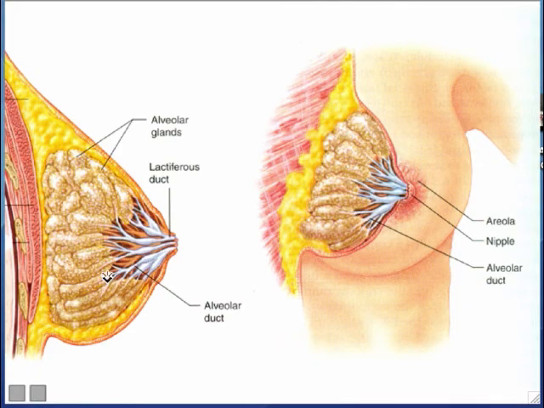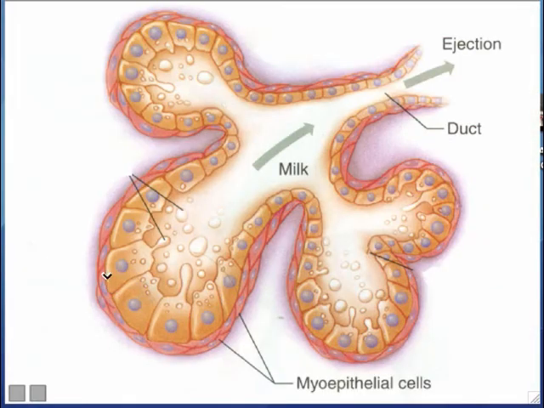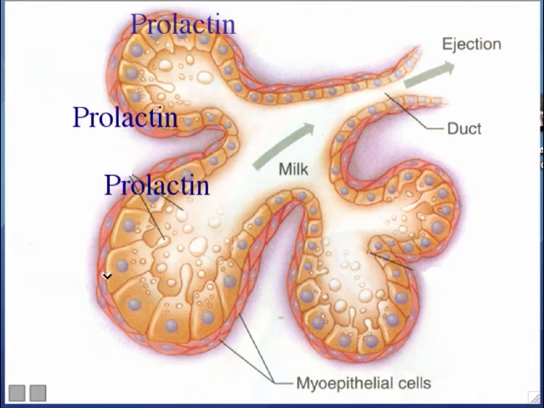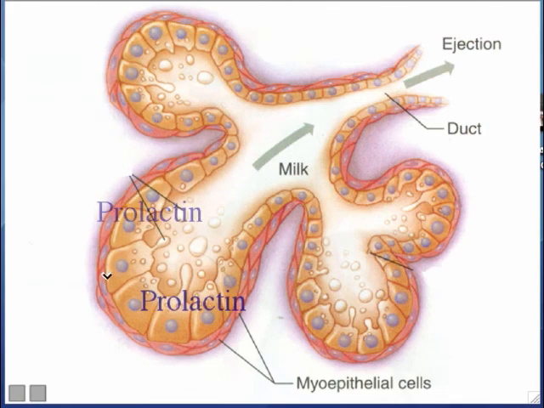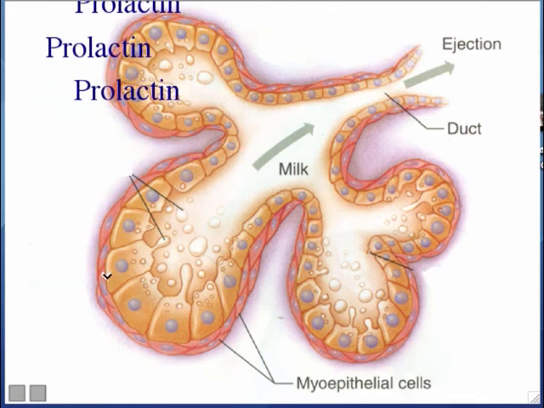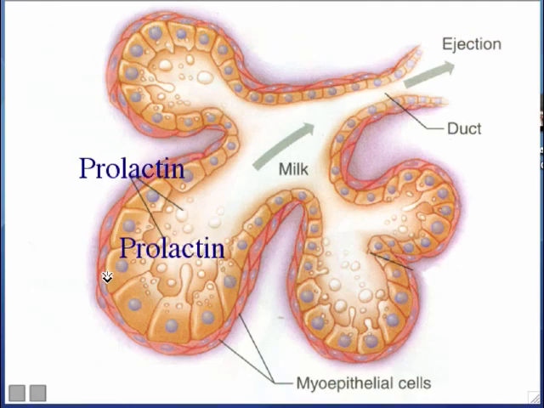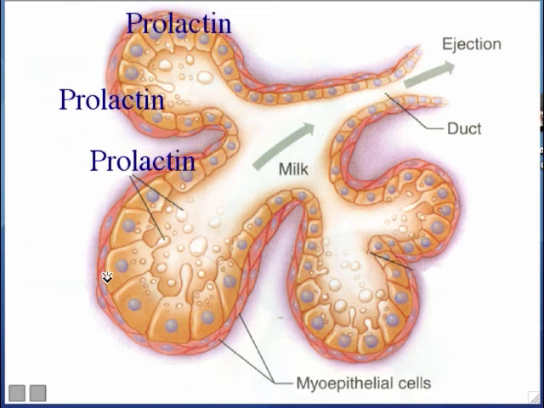All right, so what are those hormones doing? Well, here's a close-up of some alveolar ducts. Those golden color cells there are the alveolar ducts. Well, the prolactin causes those cells to make milk. They just tell those cells, hey, manufacture milk. It's got water and proteins and some lactose sugar in it.